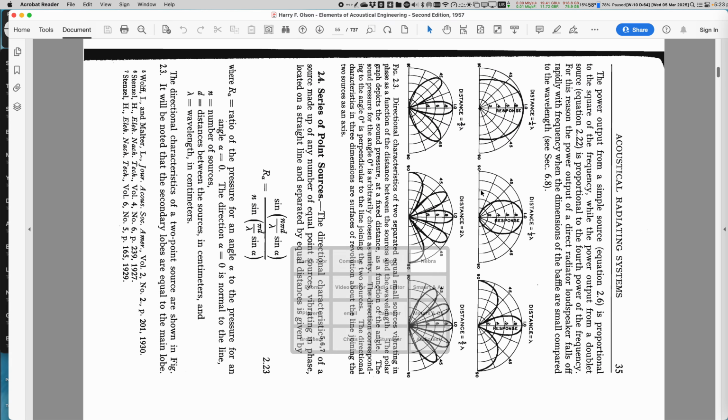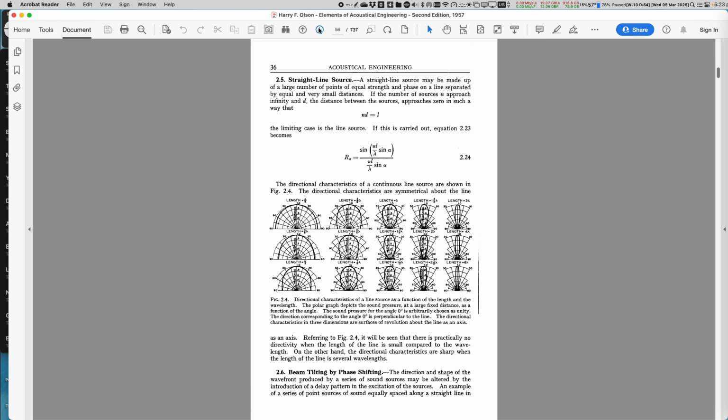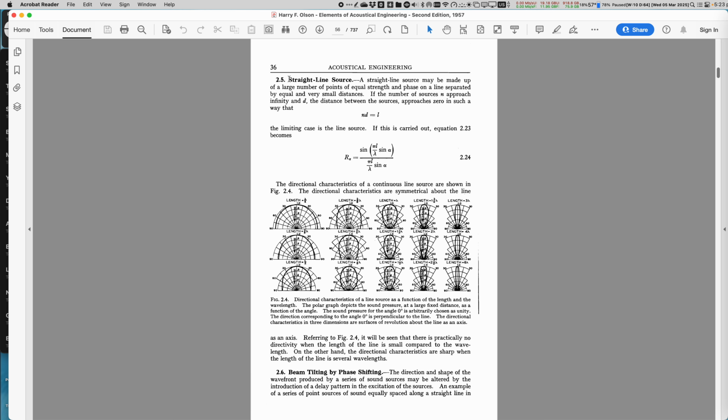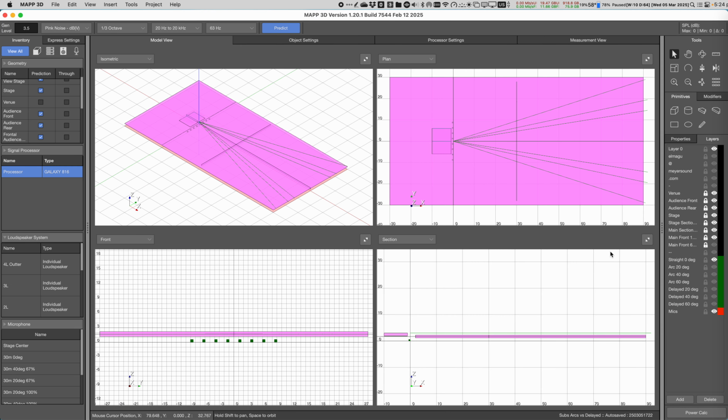So I was close to forgetting something additional, that is this. If I check the next page from the Harry Olson book, next page from 35, we have straight line sources. This one, as has been explained in the previous presentation, is the one that defines the directivity, connecting how long the array is versus the wavelength for every given frequency, in understanding the directivity of a full straight array.